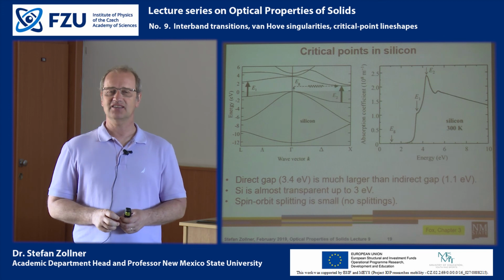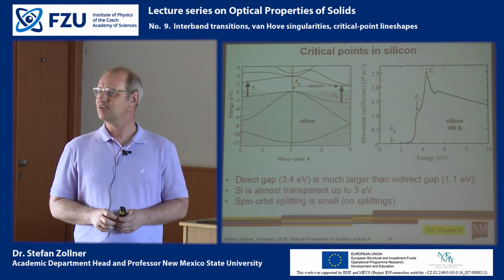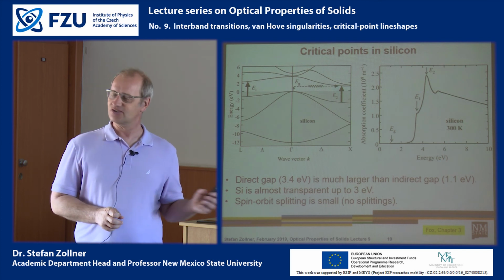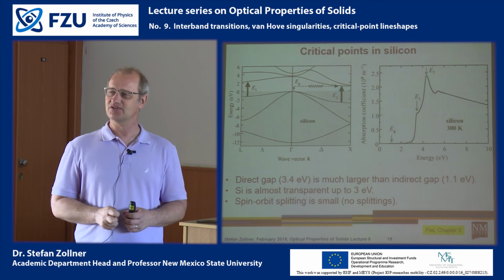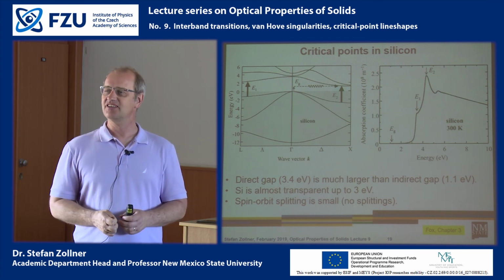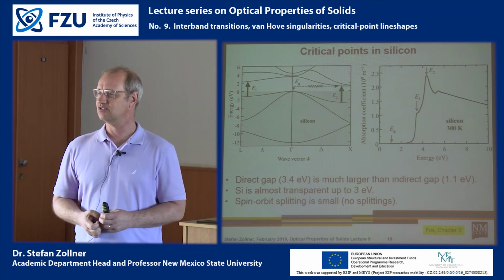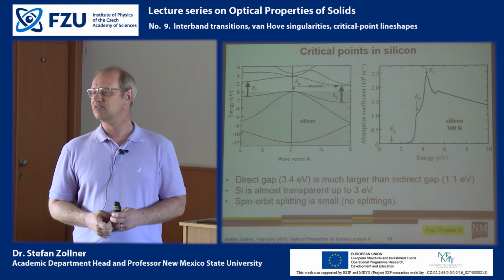And Palik has optical constants tabulated on a double log scale from 10 wave numbers all the way to thousands of electron volts. And he plots n and k. So the answer is that for many materials, these numbers are very well known.